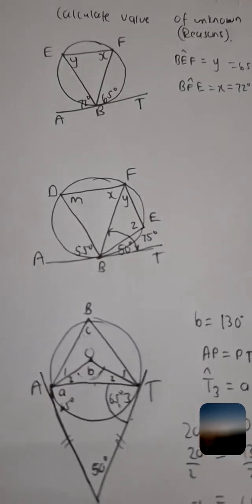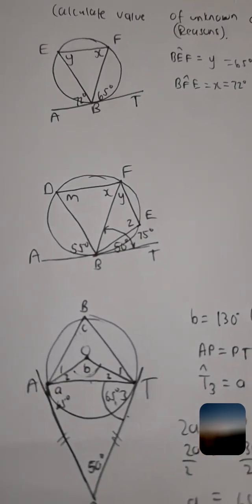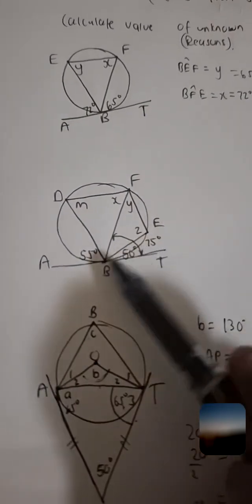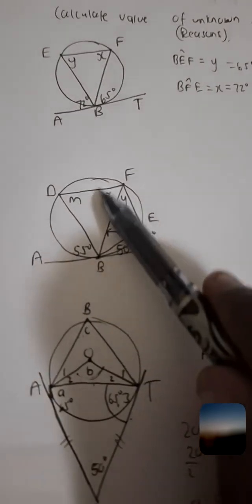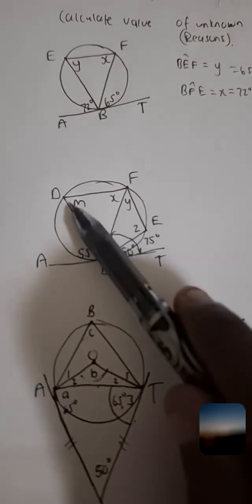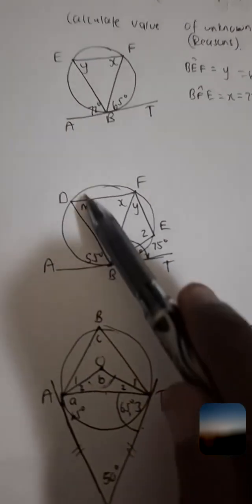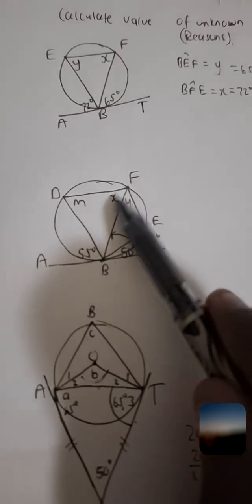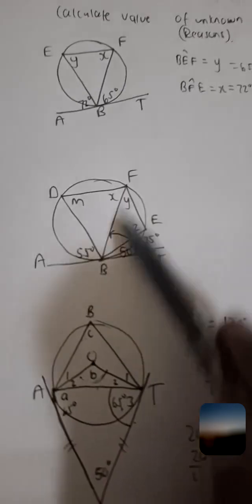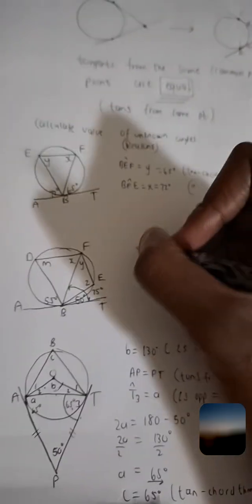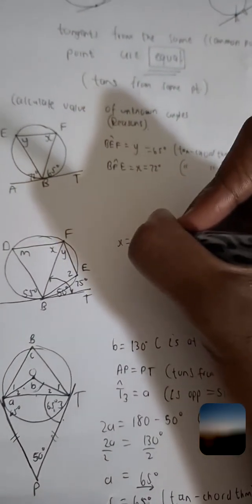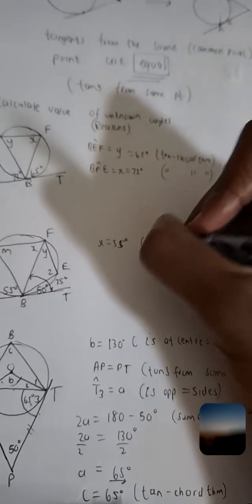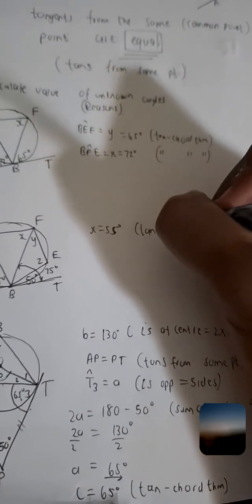Yes, it is. Therefore, X is equal to 55 degrees. This chord subtends an angle at the circumference. So you said X is equal to 55 degrees, and your reason is tan chord. Awesome.